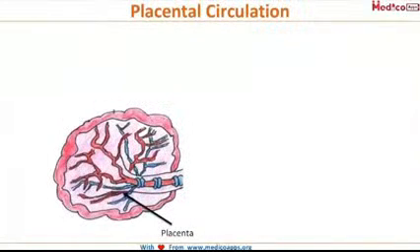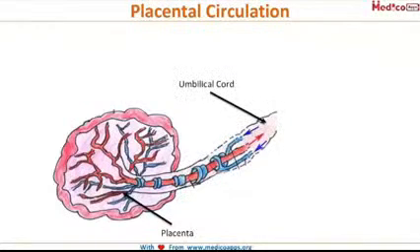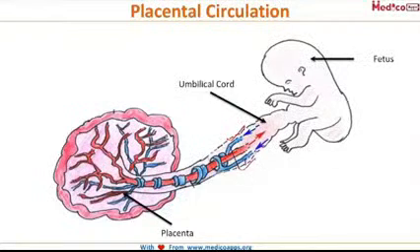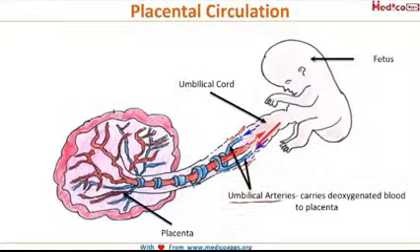This is our placenta. This is our umbilical cord consisting of 3 vessels, 2 umbilical arteries and 1 umbilical vein. And this is our fetus. Now just opposite to the regular theory that we know that arteries carry oxygenated blood, our umbilical arteries are carrying deoxygenated blood.